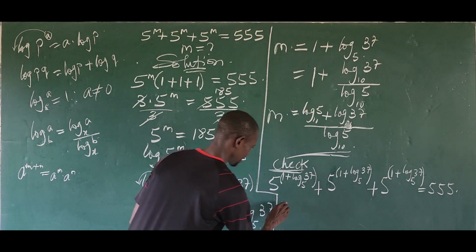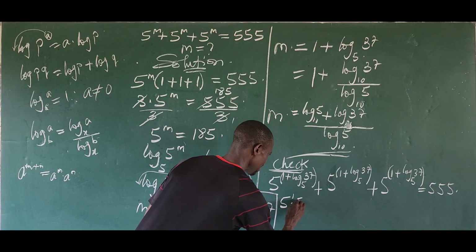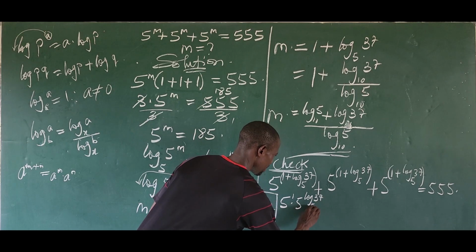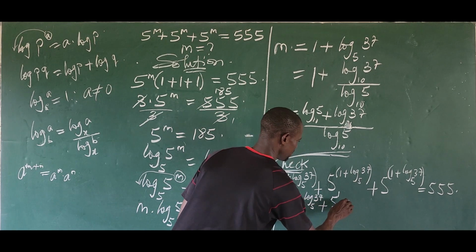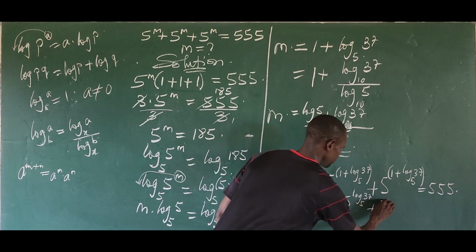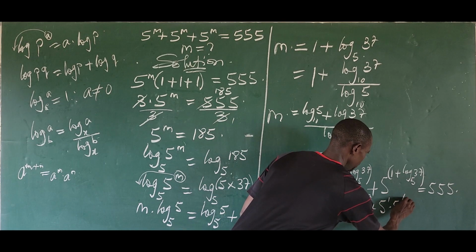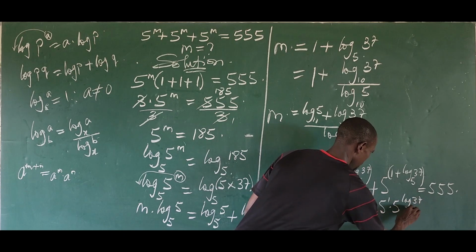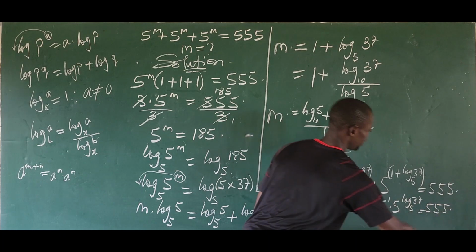So this is going to give us 5 to the power of 1 times 5 to the power of log 37 base 5, plus 5 to the power of 1 times 5 to the power of log 37 base 5, plus 5 to the power of 1 times 5 to the power of log 37 base 5, everything equal to 555.